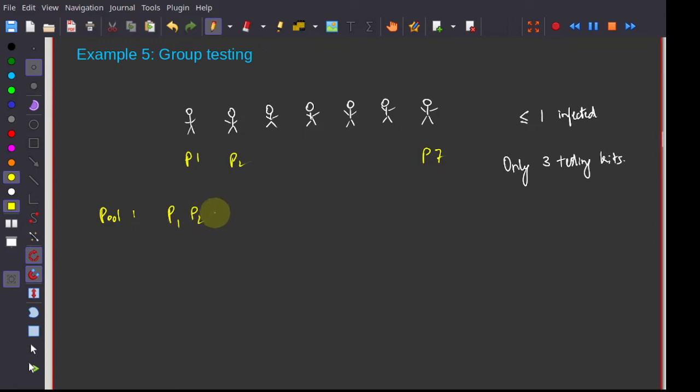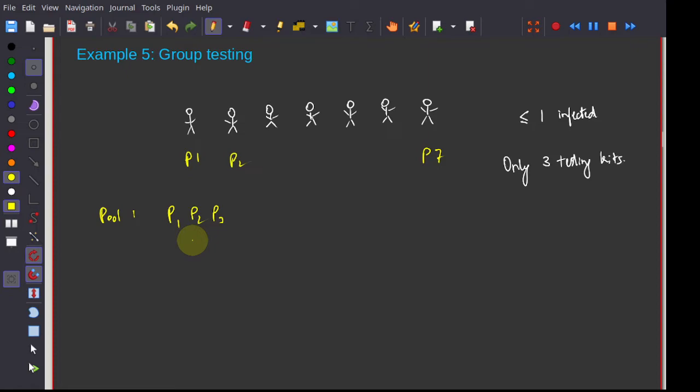If I take the samples of P1, P2, P3 together and use just one test on this pool, then if any one of P1, P2 or P3 is infected, it returns a positive. I don't know which of them is positive, but I know that one of them is. If it's negative, then I know that all of them are safe. None of them are infected. That's the setup.